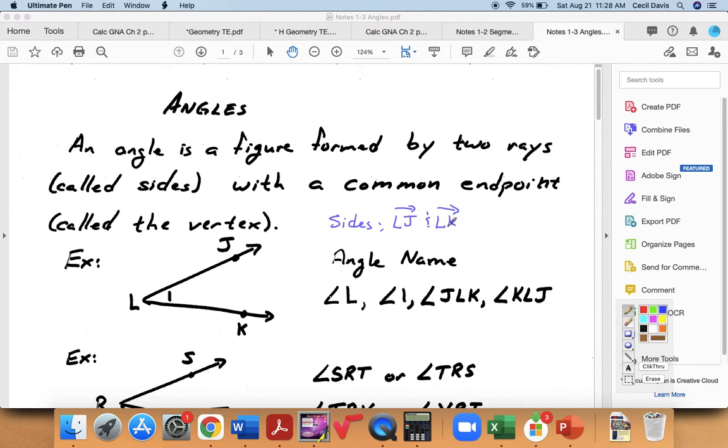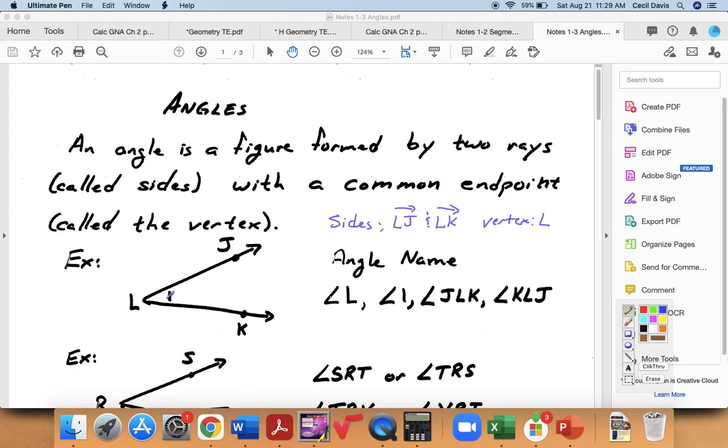And that point that they have in common, that endpoint, is the vertex. The vertex is L. So when we're naming this angle, there are a couple of different ways we can name it. If there's only one angle in our diagram with a vertex at L, we can call it angle L. That's just saying the angle whose vertex is at L. And there's only one. If there's more than one, we can't do that.